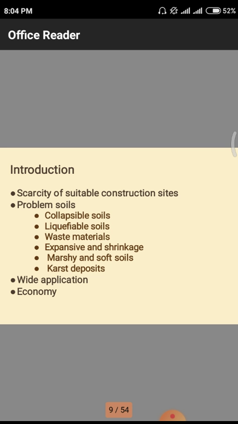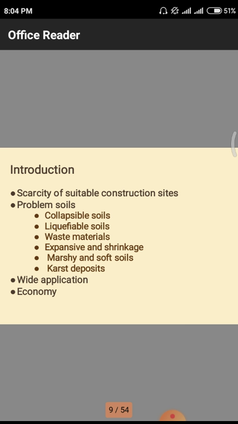So we have to use those lands simply by modifying those parameters of penetration and permeability loss. We have to use different quantities of additives, water repellents and non-absorbing materials like stones and other things.